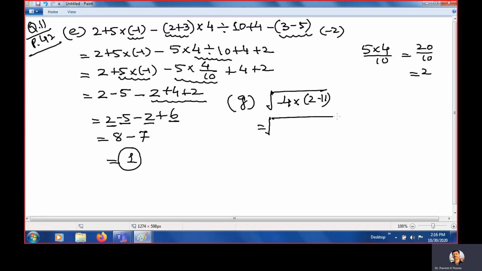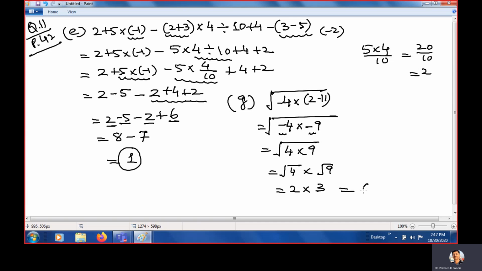So you need to solve the bracket first. 2 minus 11 is minus 9. And now look here, it is minus and minus, minus minus plus. 4 times 9, and this may be written as square root 4 times square root 9. The value of the first is 2 and the value of the second is 3. And 2 times 3 is 6.